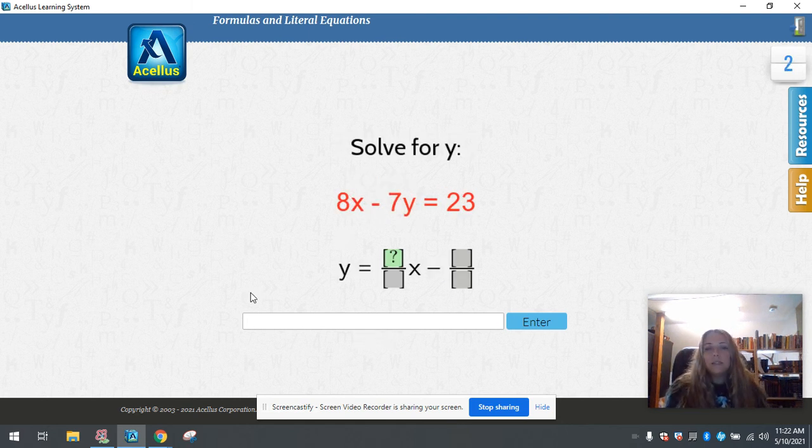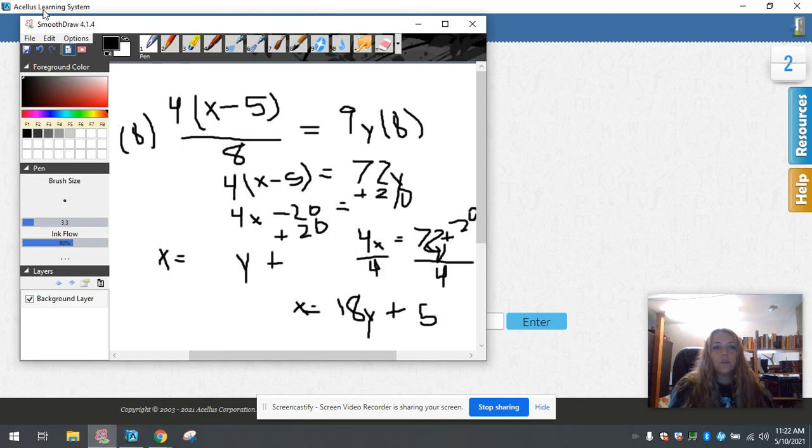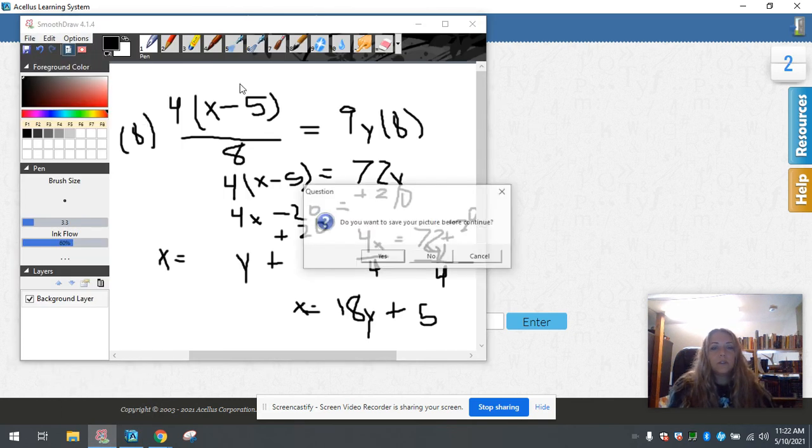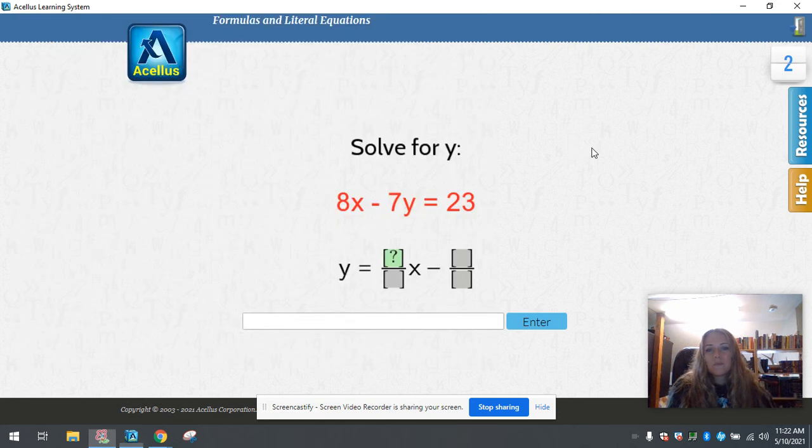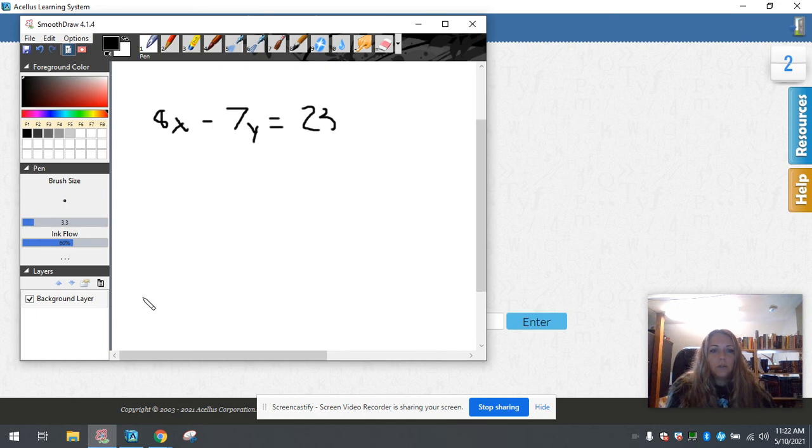8x minus 7y equals 23. y equals a fraction times x minus a fraction. Okay, so we're solving for y.